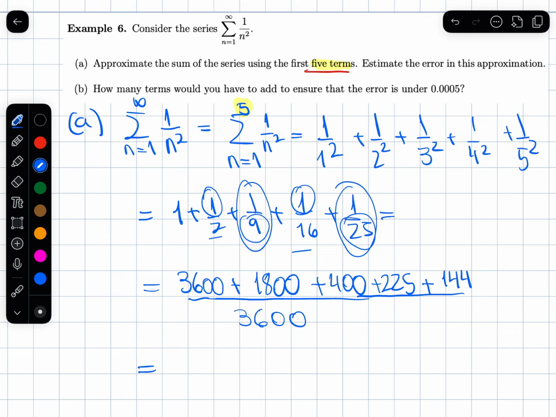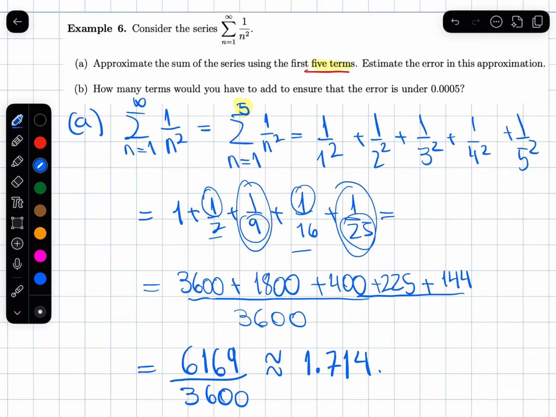You can use yours too, just double check my math, it helps. So I get 6169 all over 3600, which should be approximately 1.714. Why not? Okay.